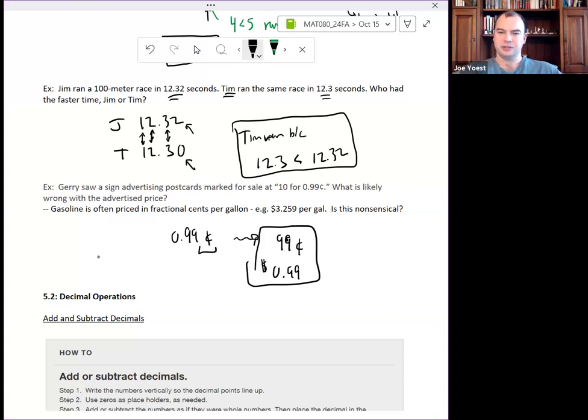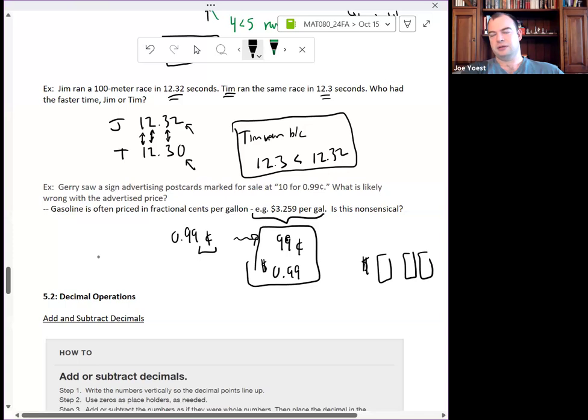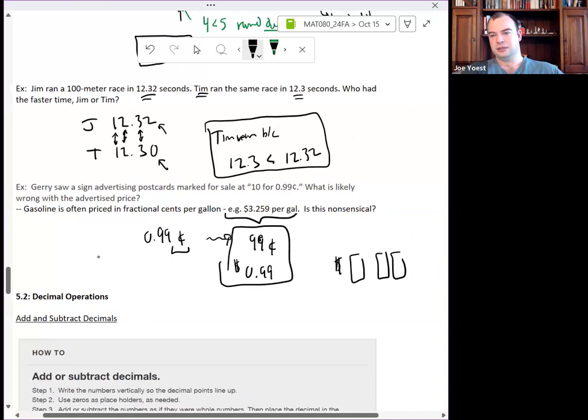So they probably mean to write either 99 cents or $0.99. As another example, kind of leading into our next section, gas stations are usually priced in terms of fractional cents per gallon. Your gas station will have a dollar symbol and 3 squares that they can change the number on, usually with a decimal point and a little 9 up here.